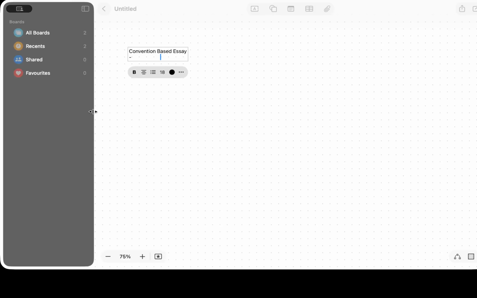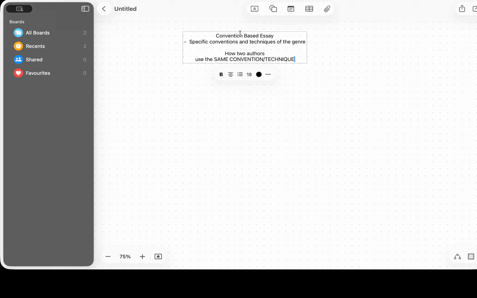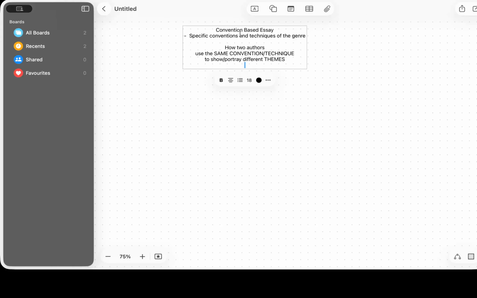And so that means each of your body paragraphs will have to do with how two authors use the same convention or technique to portray different themes.